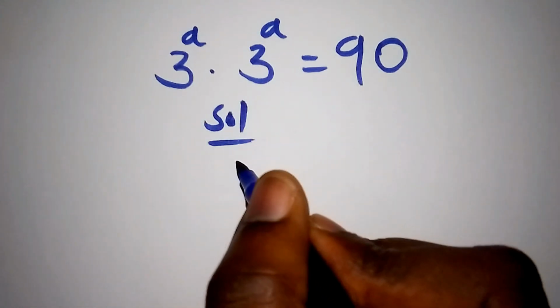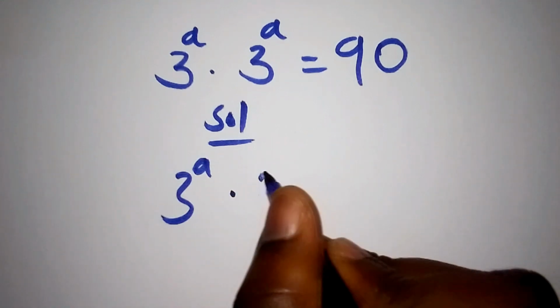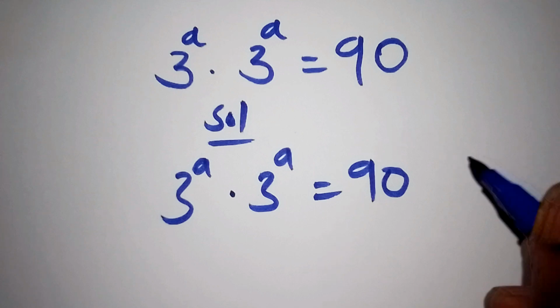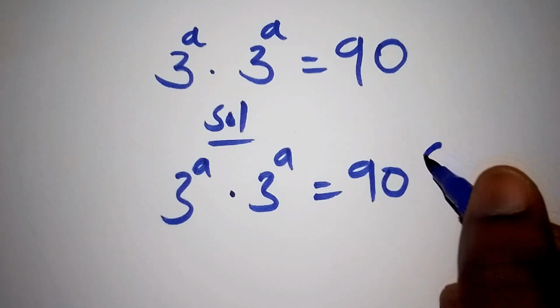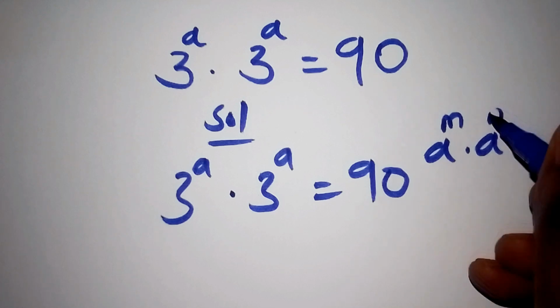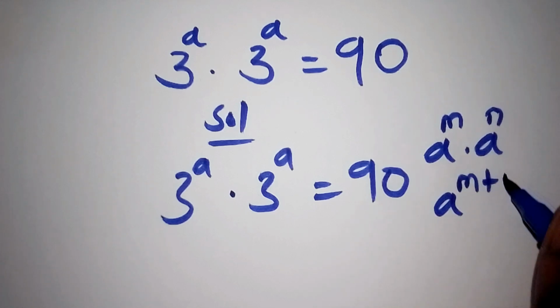So in the solution, this is what we have: 3 to the power of a multiplied by 3 to the power of a is equal to 90. The first thing we need to do, assuming we have a to the power of m multiplied by a to the power of n, is that this can be given as a to the power of m plus n.